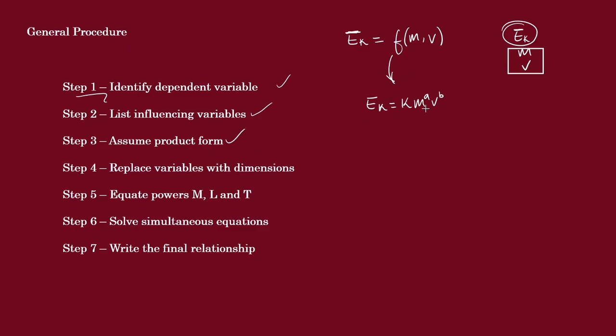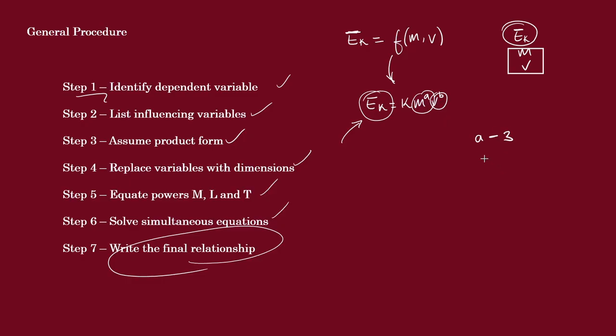Then you replace the variables with dimensions. We covered this in the dimensional analysis introduction video. You know the dimensions for energy, for mass, and for velocity, so you put those into this product term formula. Then you expand, solve the simultaneous equations, and at the end of the day, you have your final relationship. The answer would be in terms of the powers of each of these influencing variables. So let's say we end up getting a equal to 3 and b equal to 1 over 2.